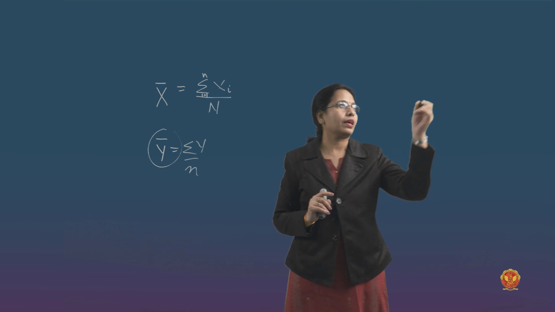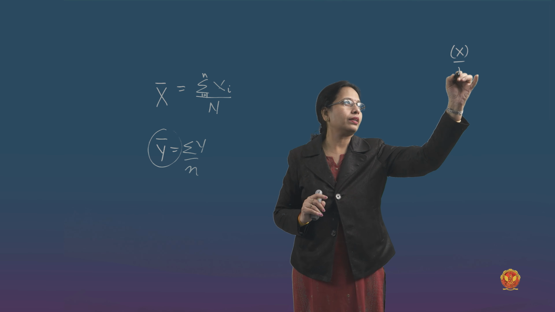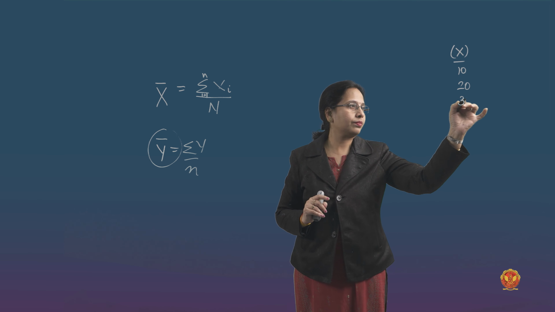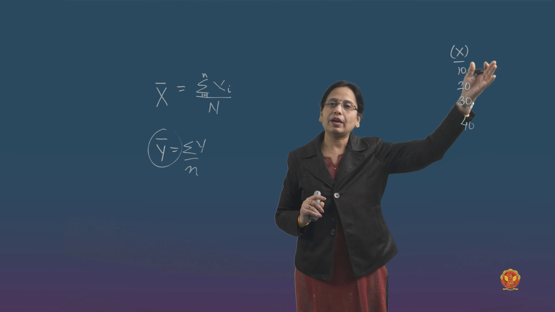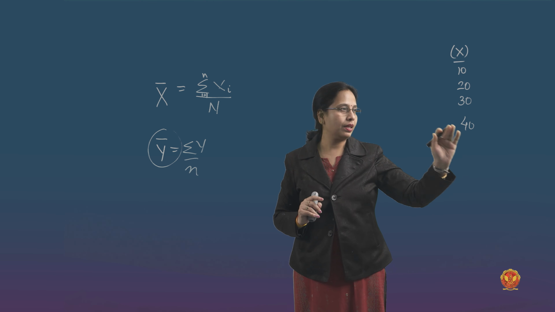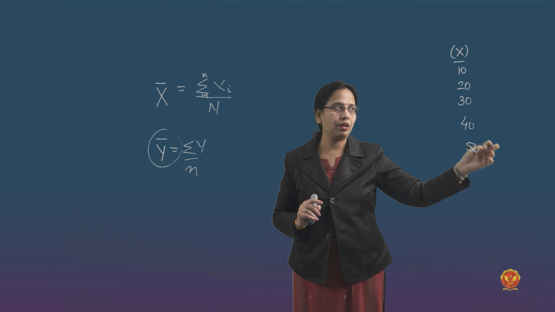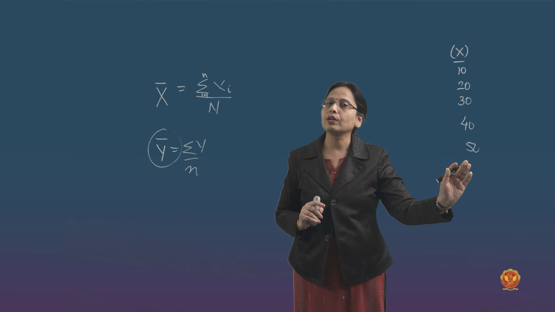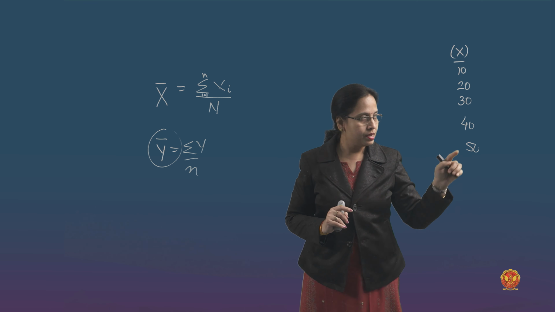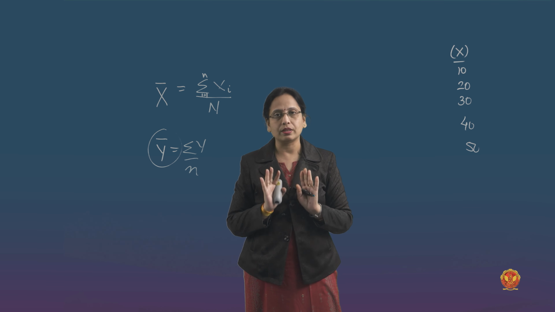Let us repeat once again. If only x values are given, with no repetition, we need not write frequency 1. These values have appeared only once, so this is called ungrouped data, that is, an individual series.